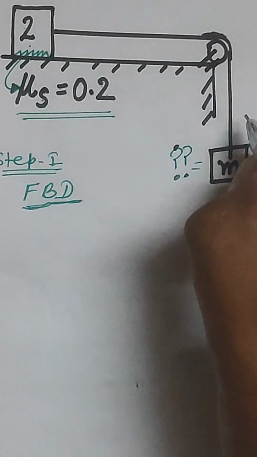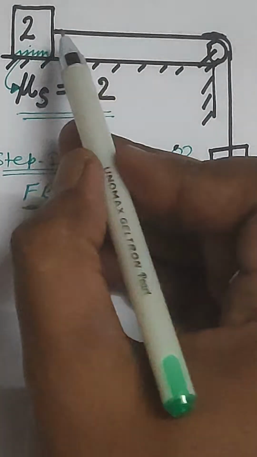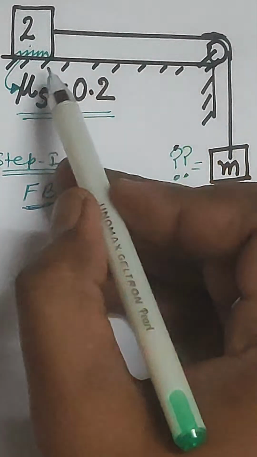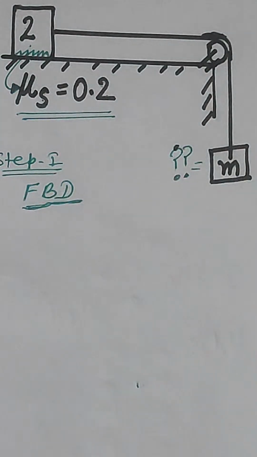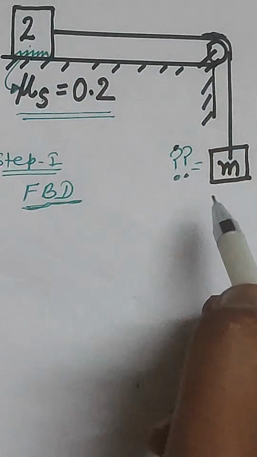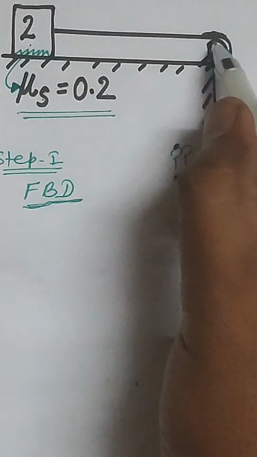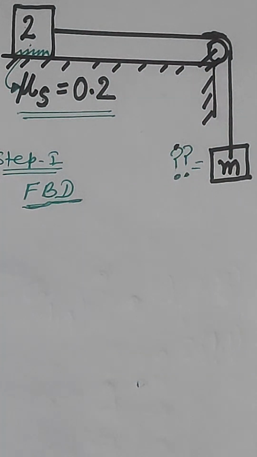Let us consider the string which is passing over here. If no data is given in the question, that means the string is light, smooth and frictionless, and there is no friction over this point, right?